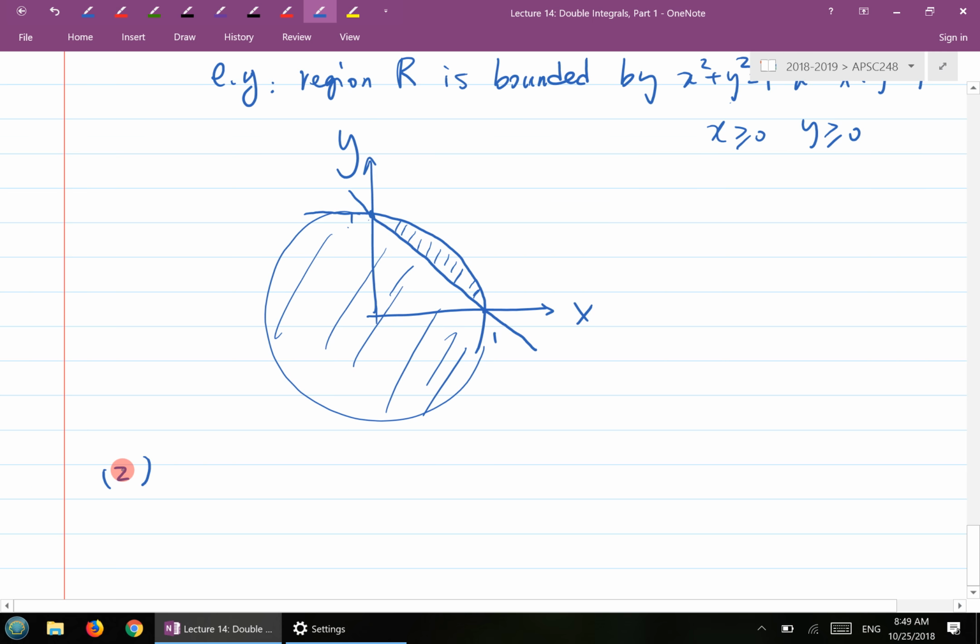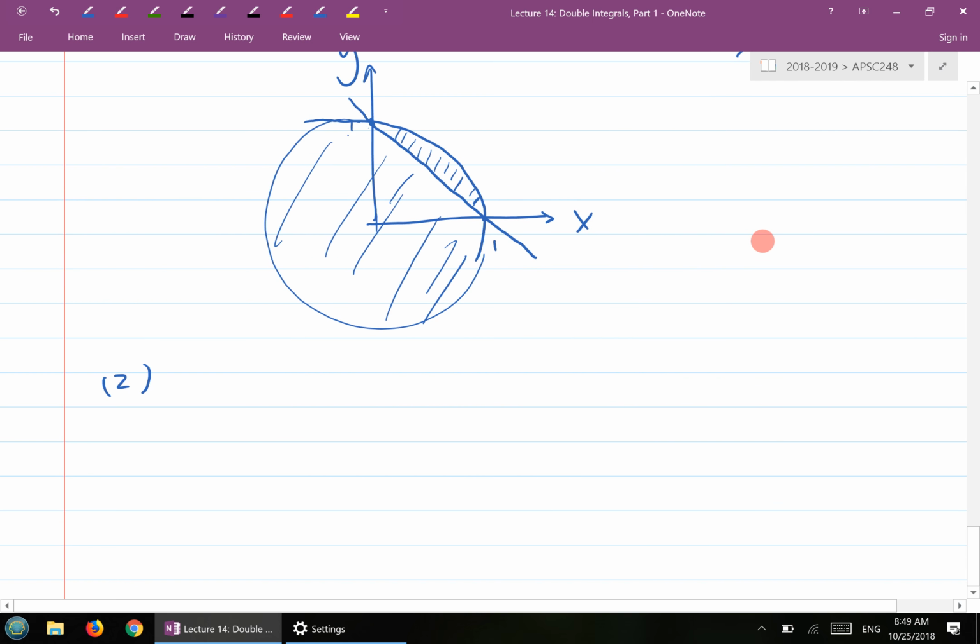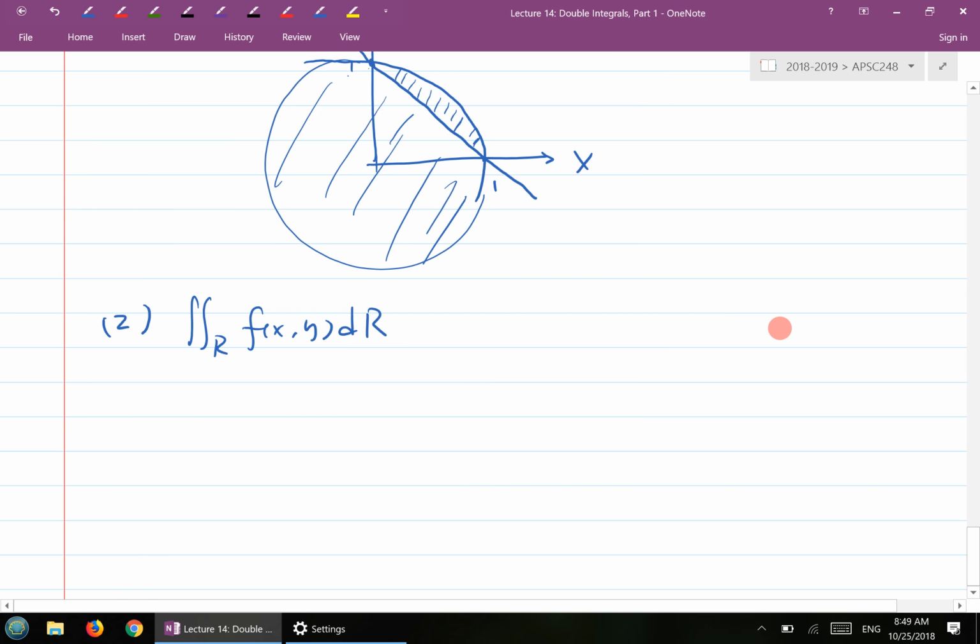So the second thing is, now let's take a look at the general steps for finding the limits here. The second step is to deal with the double integral now. The first thing you need to do is decide on the order of integration.